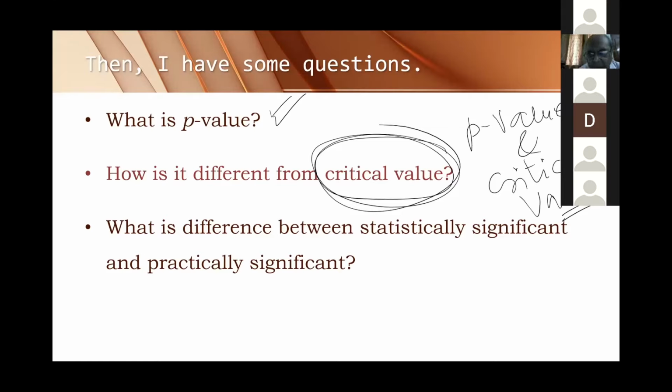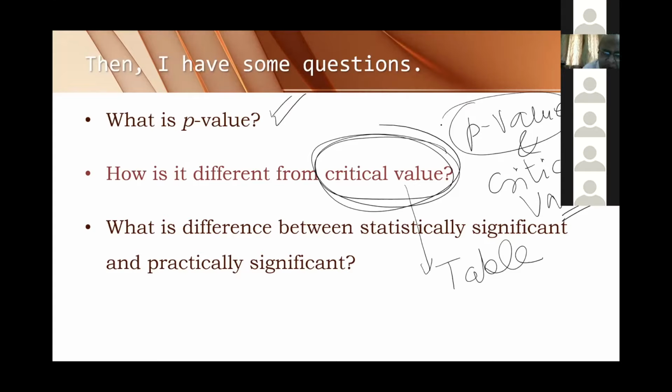Okay, many of you have given right answers. For example, Monica Seni. Monica is saying that critical value is the value which we get from the table, and p-value is the probability value which we get from the tail area of the given statistic, calculated from our sample data.